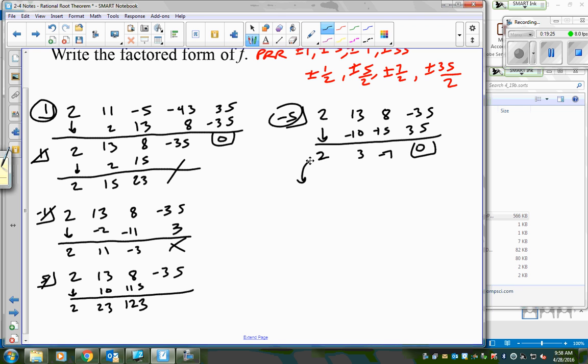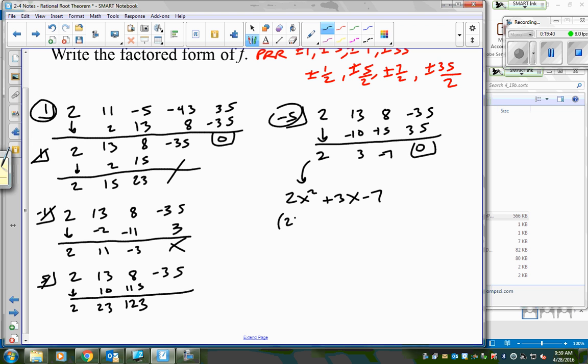And now it's quadratic. If it started with degree 4 like we did, it's going to take 2 steps. Successfully dividing once gets you degree 3, again gets you quadratic, which is 2x squared plus 3x minus 7.